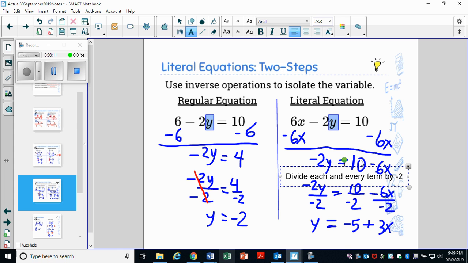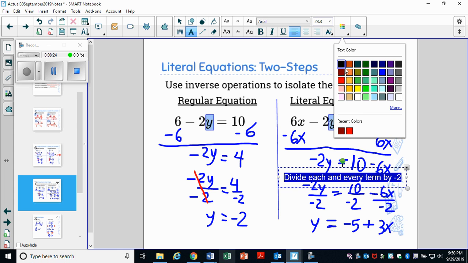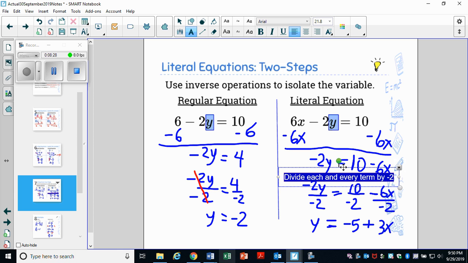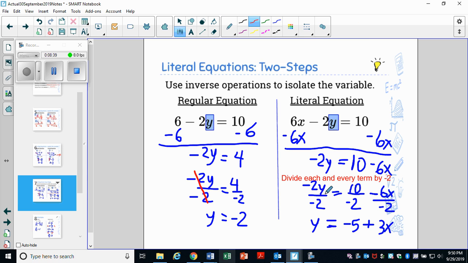Because we have 3 total terms. So -2y, +10, and -6x. So this is the case where each and every term gets divided by -2. And then this last part, here, the first part, the -2's cancel.